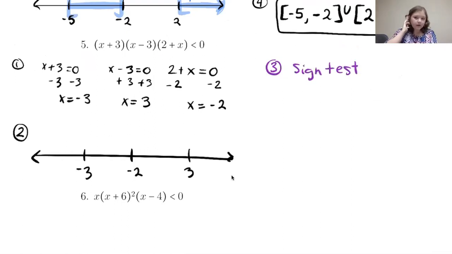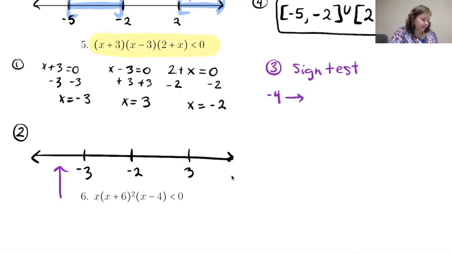All right. So now let's pick a number in the first interval. We're going to pick something less than -3, so pick -4. And we're going to plug it into the original equation, just like we've been doing.